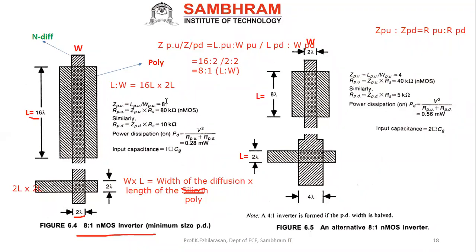Here the Z value is 8. What is the resistance? The pull down is the N channel resistance. What is the sheet resistance of the N channel from the table? It is 10 kilo ohm. So RPU is equal to 8 into 10K, which gives 80 kilo ohm.